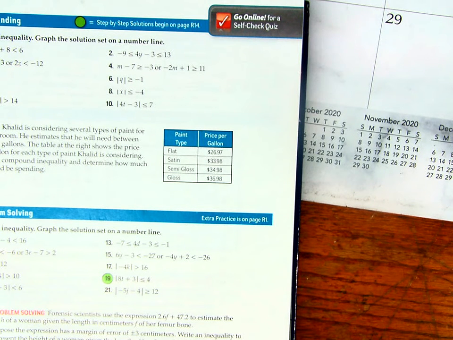Yeah, page 36. This Friday, I gotta start off with page 36.